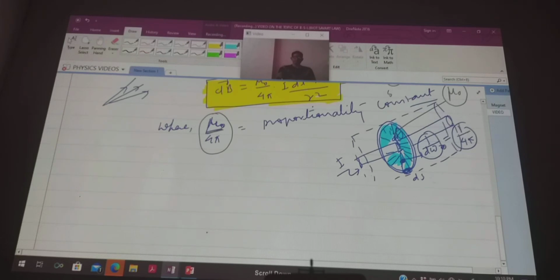Equation 5 we can write in the vector form.